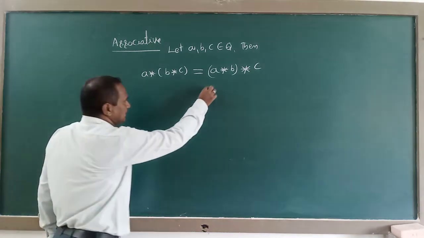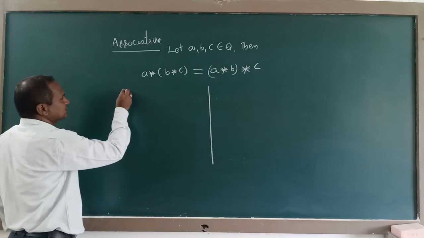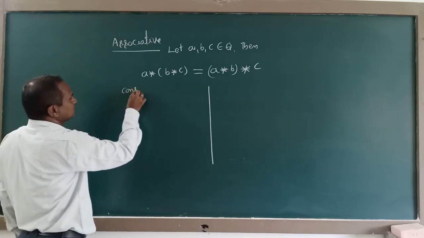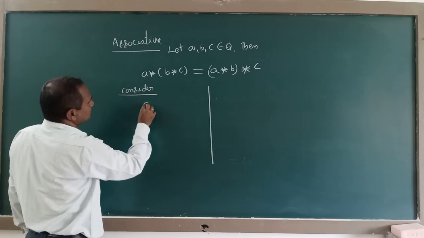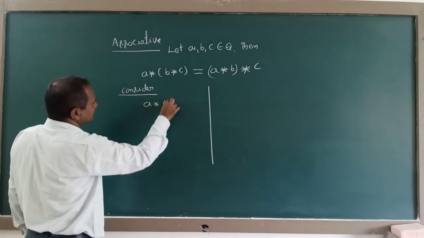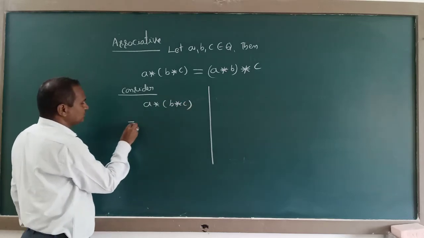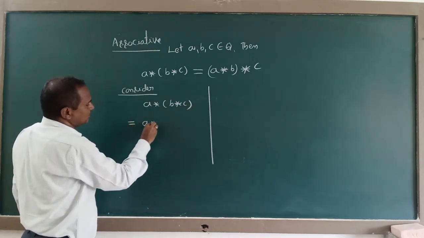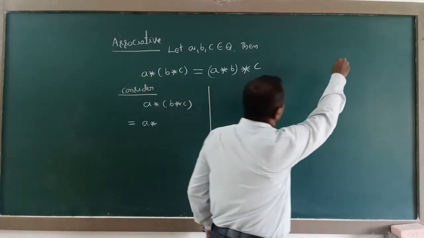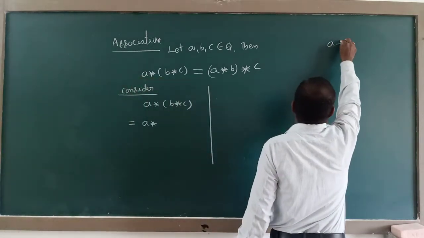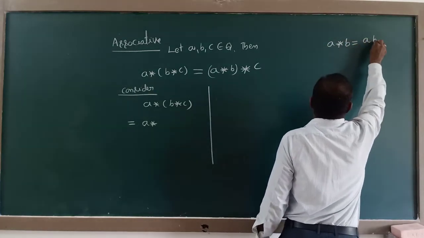Now, LHS side, consider a star of b star c. Here a star of b star c is equal to a star of, what we have in the given definition. In the given definition of this question, a star b is equal to ab by 4.